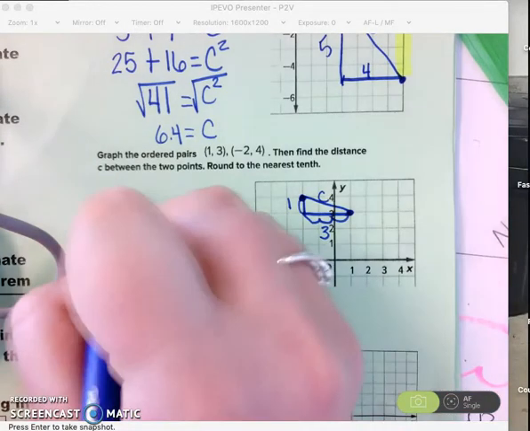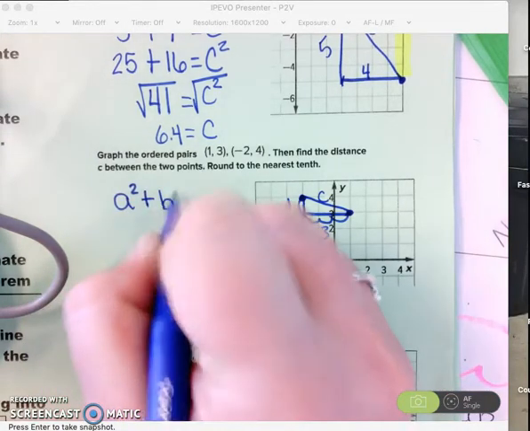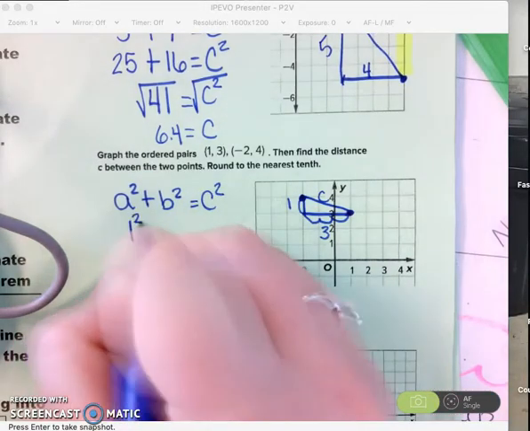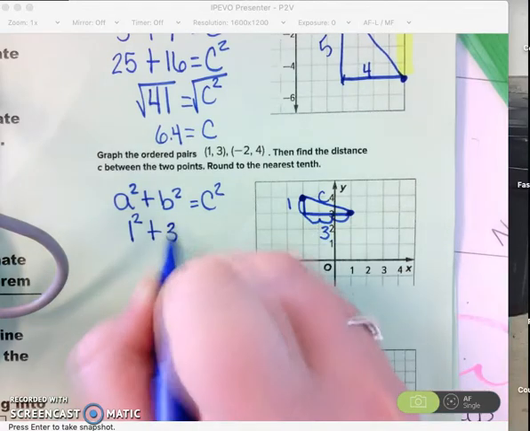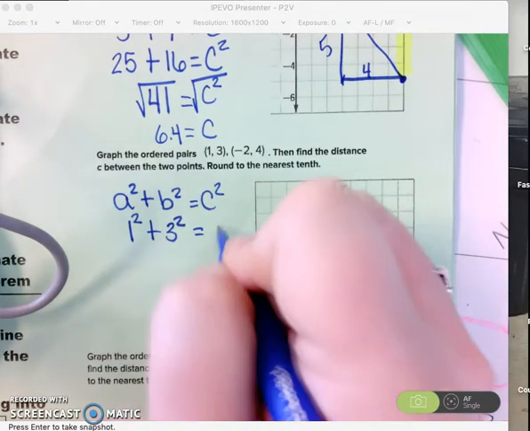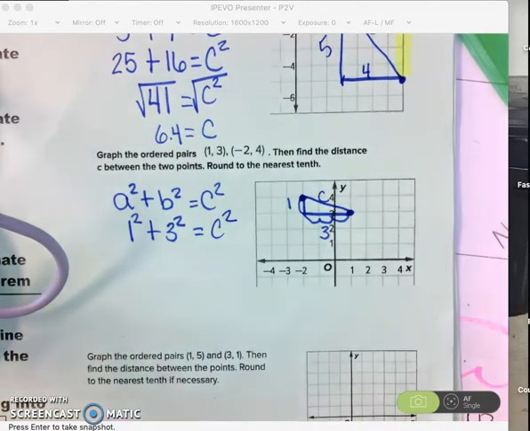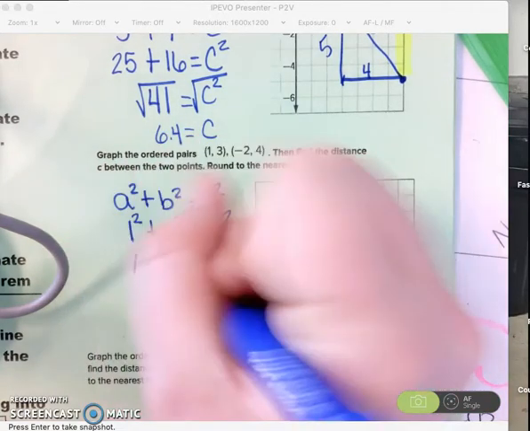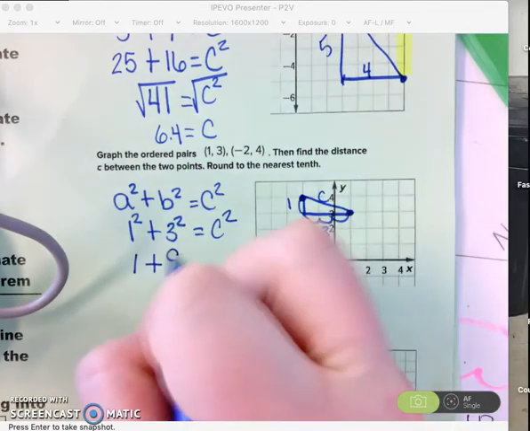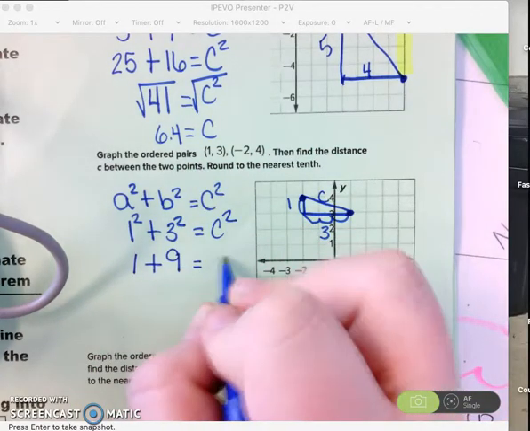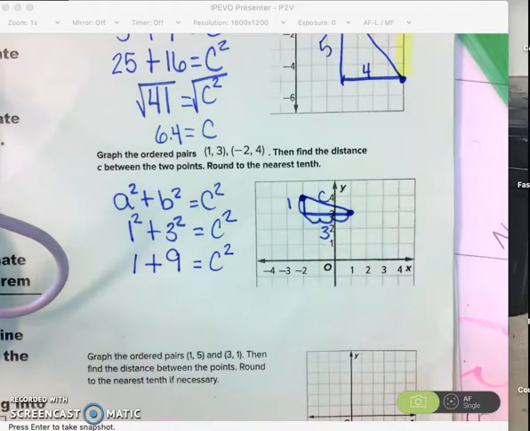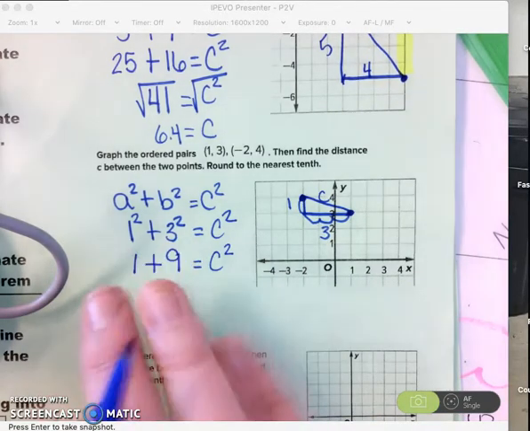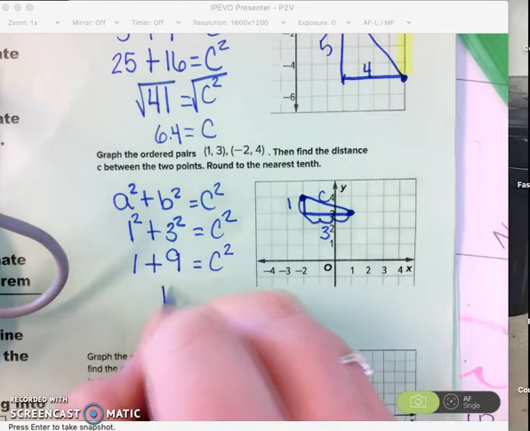I'm going to put that into a squared plus b squared equals c squared. So 1 squared plus 3 squared equals c squared. 1 times 1 is 1. 3 times 3 is 9. So again, the order I do this, I have to square the numbers first and then add them. 1 plus 9 is 10.